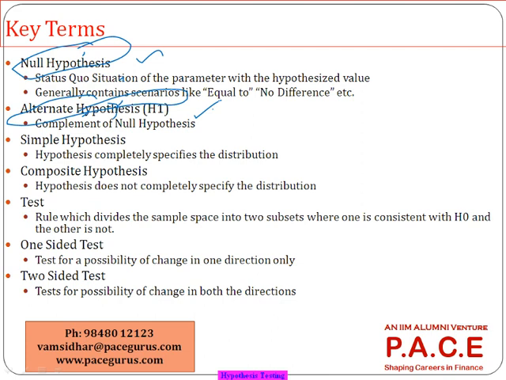So that is the difference between the null hypothesis and alternate. I'm making two statements which will be mutually exclusive as well as an exhaustive set.